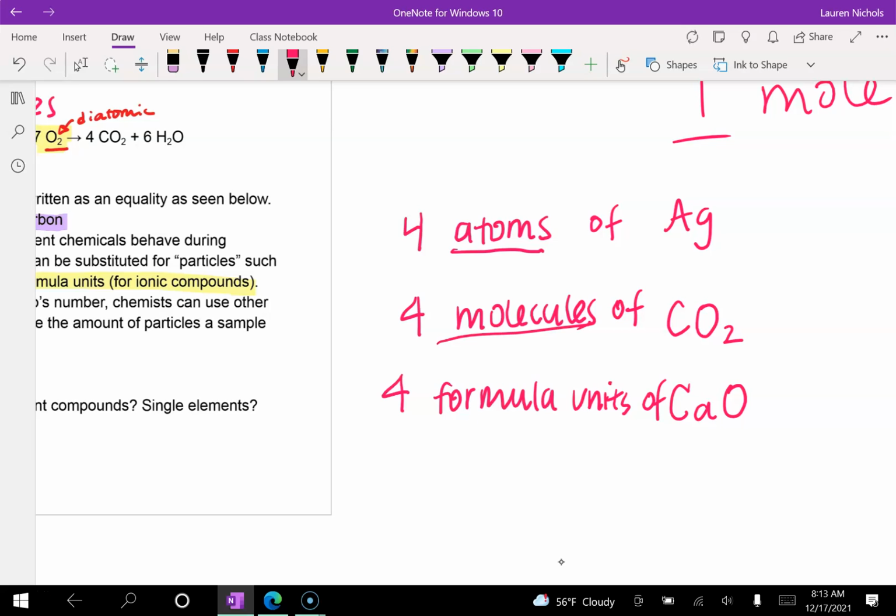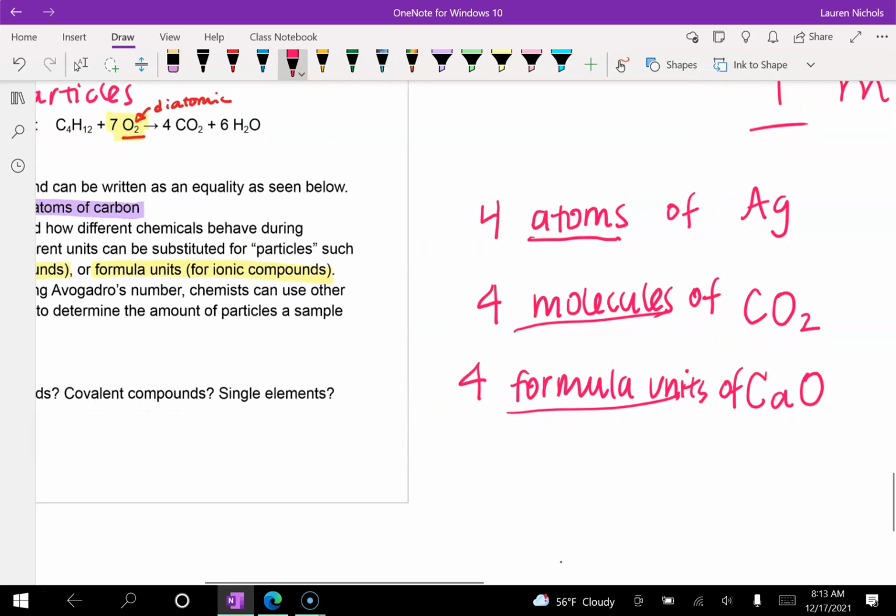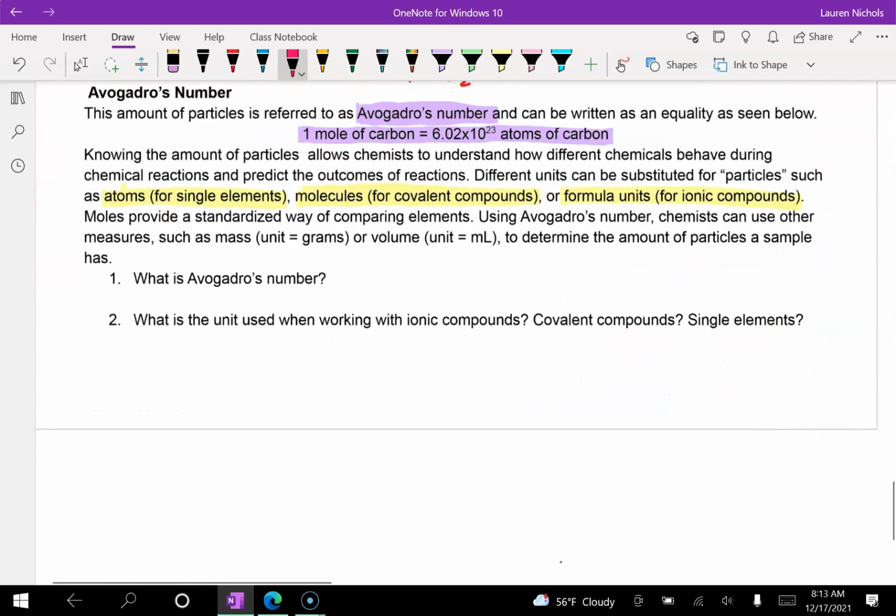So these different words represent the structures of the single element, the covalent compound, and the ionic compound, and we use them with Avogadro's number, okay? And it provides us a standard way of comparing them.